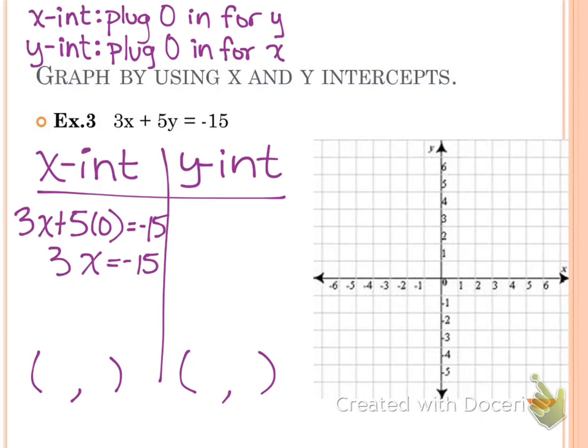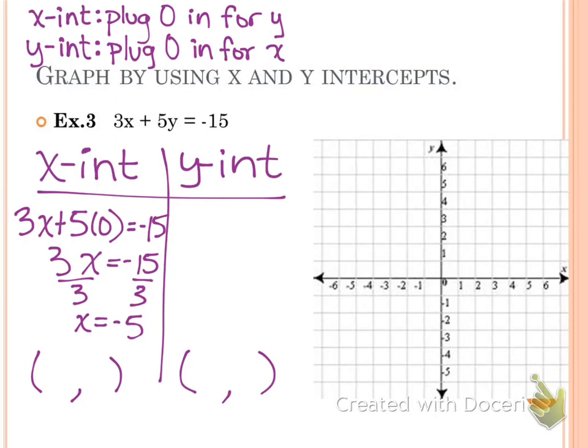I need someone to raise their hand and tell me how to get x by itself. I'll have to start picking on people because I'm seeing the same hands. Shannon? Divide by 3. Divide by a positive 3 because that 3 is positive. And Shannon, what do we get for x? Negative 5. Very good. But I said we needed to turn that into a point. What's my x coordinate?